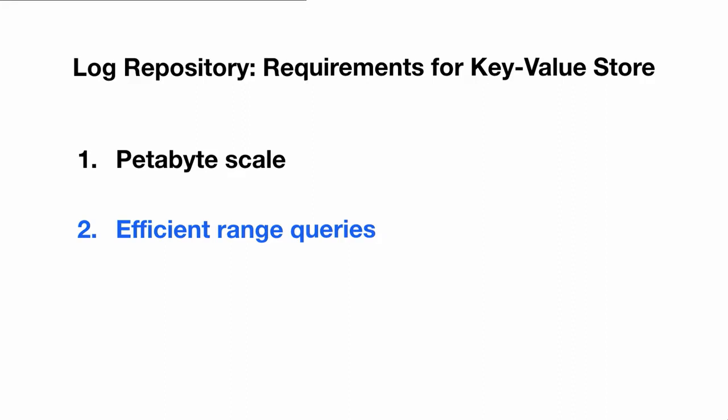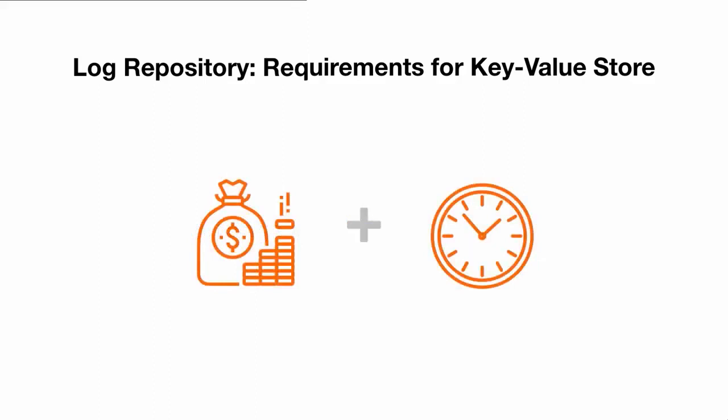But also as a business, we have some other implicit requirements, mainly time and money. So we have to consider not just the theoretical limitations of our key value store, but also how much it costs. This is how much it costs to deploy and run, how much it costs to find and train people to actually maintain and monitor the system, and how much it costs to take our data and consumers and move them from the old system to the new system.